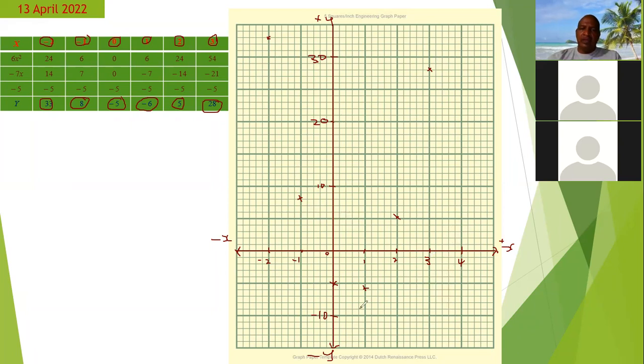And so what we need to do now is to connect these points, draw a smooth curve as accurate as you possibly can, but you're going to do it free-handedly. You're going to hold down your pencil and not lift it off the graph paper. Make sure you have a very sharp pointed pencil.